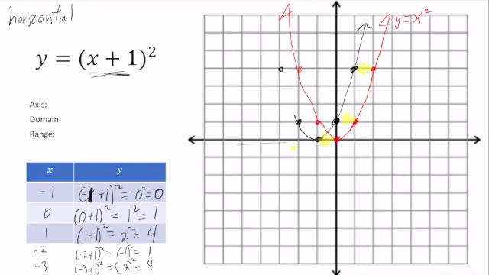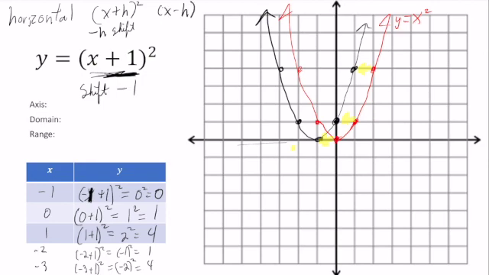So my graph seems to have shifted negative 1, even though I added a positive 1, okay? It's going to be the opposite, okay? So if I have x plus something, it's going to be a negative that something shift. And if I have x minus something, like let's just call it h as in horizontal shift, that's going to be a positive h shift.